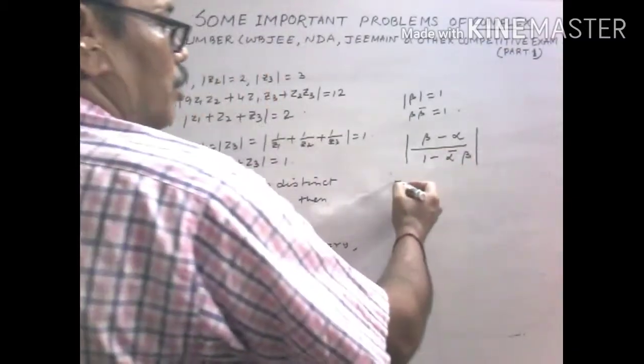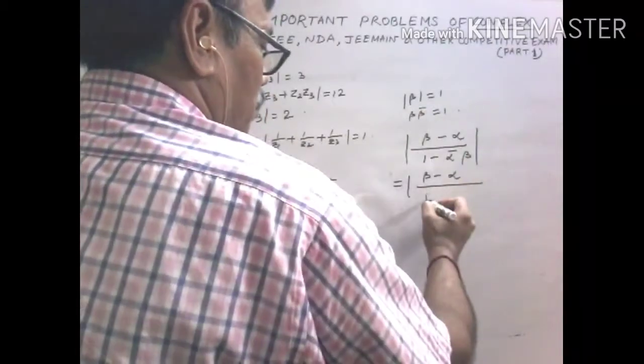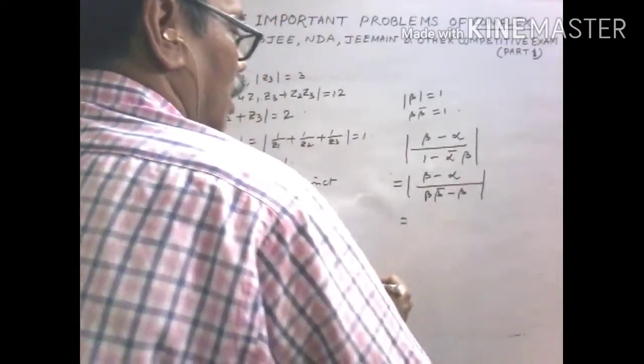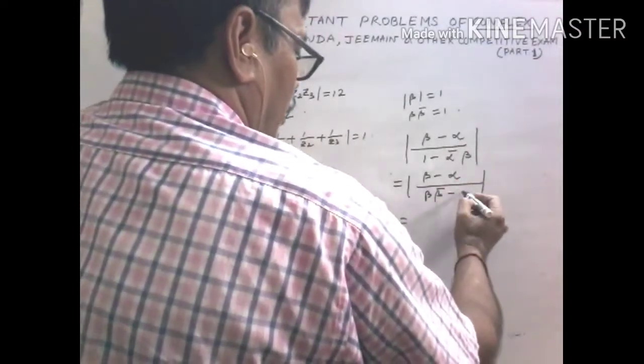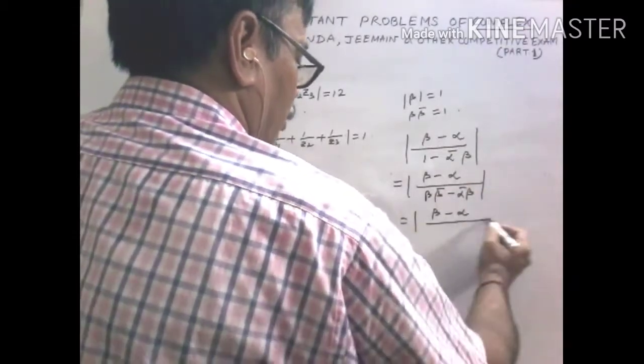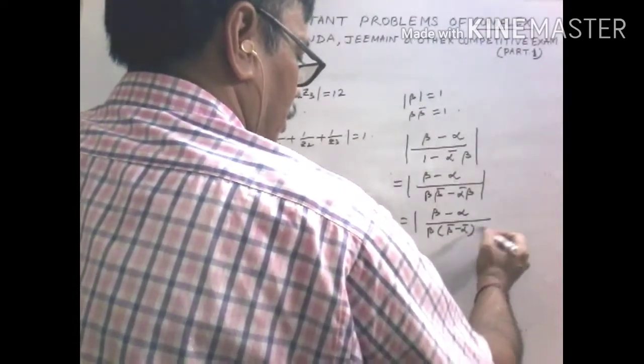by the easiest way. So look, we can put 1 as beta into beta bar, minus beta, minus alpha bar into beta. So beta minus alpha unchanged. So beta common, beta bar minus alpha bar.